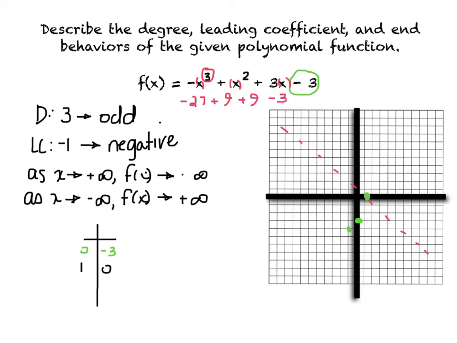So -27 plus 9 is -18. I put it in the calculator, and if I plug in a 3, I get -12. So 3 is going to go about here. It's a little to the left, sorry. And that's going to have to be good enough.